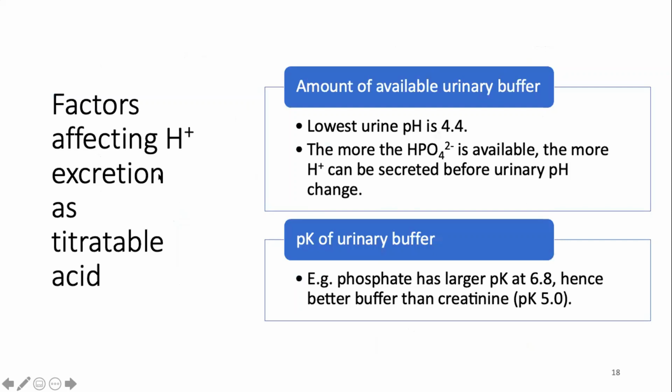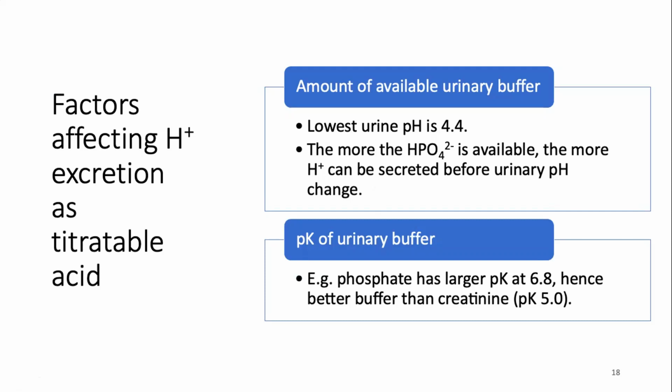The H+ excretion as the titratable acid, as phosphoric acid just now, is affected by the amount of available urinary buffer and the type of urinary buffer. So the more inorganic phosphate is available, of course, the more H+ can be excreted, and there are several other urinary buffers that exist.